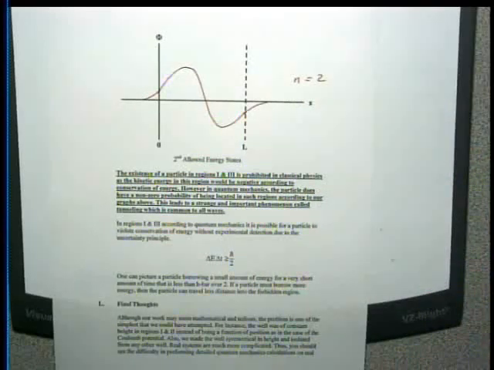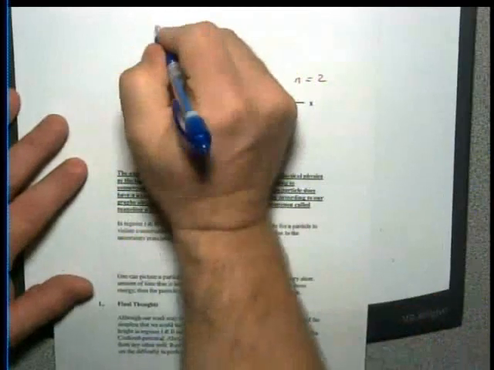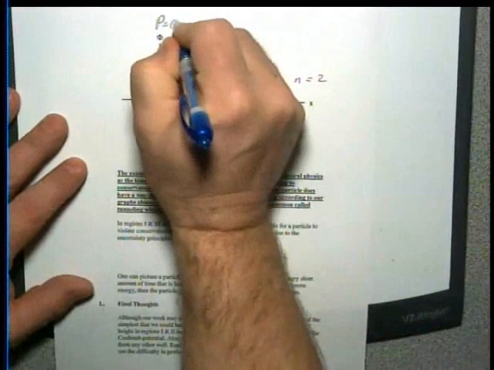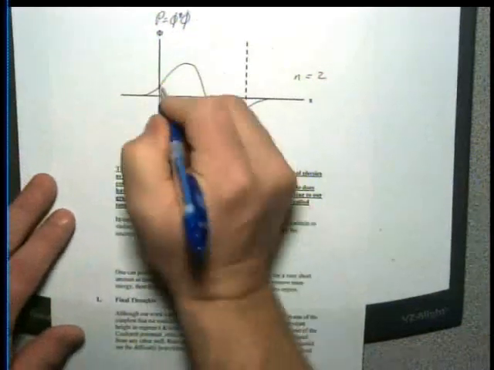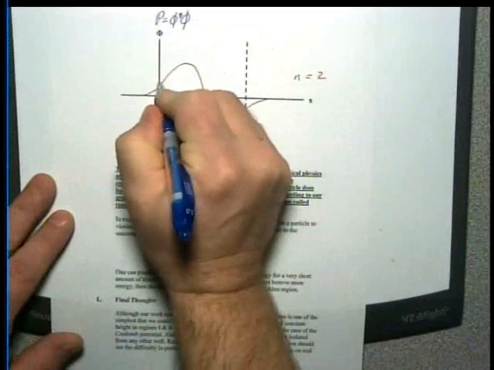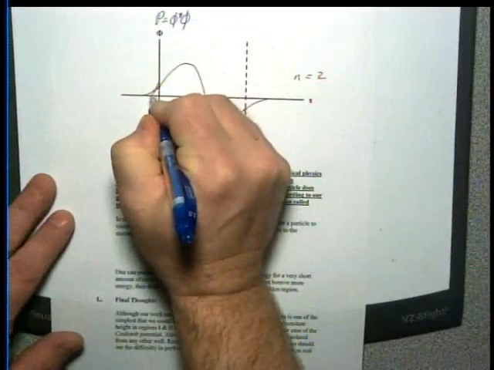Square that to find the probability. We'll do that in blue. This is going to go down quicker.